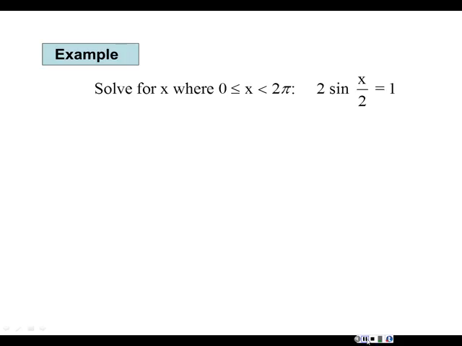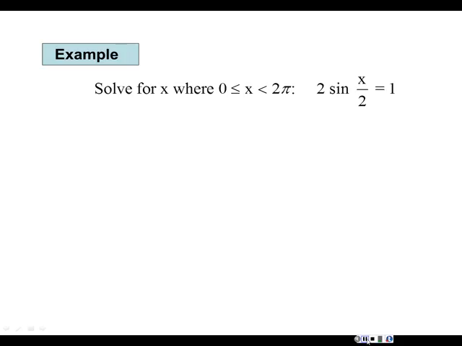Now for this one, what will be the x? You will have to multiply both sides by 2 again to get x, since it is x by 2. If you do that, it will be pi by 3. So this is one value of x. And again here, x by 2 is 5 pi by 6, right?